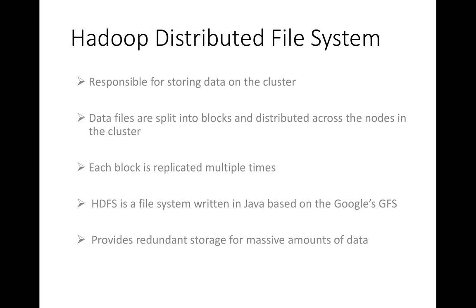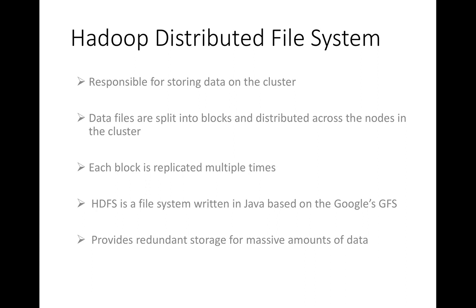We already talked about the Hadoop distributed file system. The Hadoop distributed file system is responsible for storing data of the cluster. The basic idea is, for example, we need to store data files. Generally, the data files are split into blocks and distributed across the nodes in the cluster.